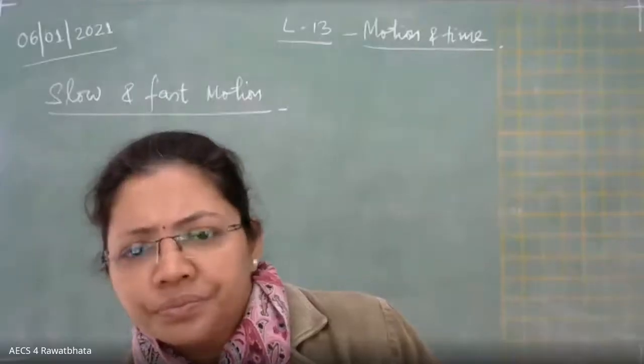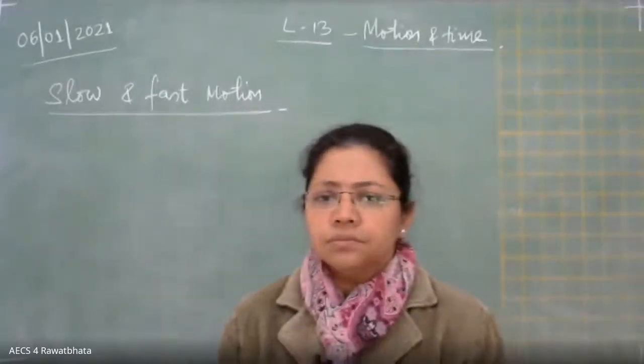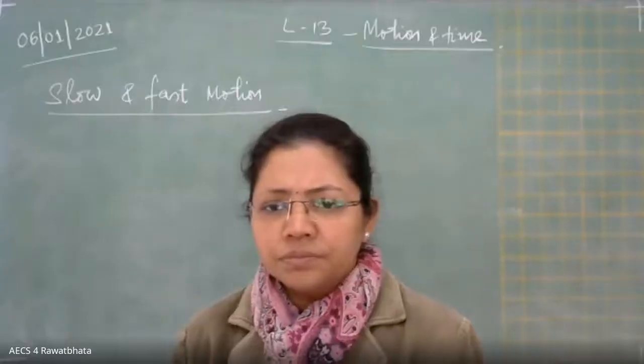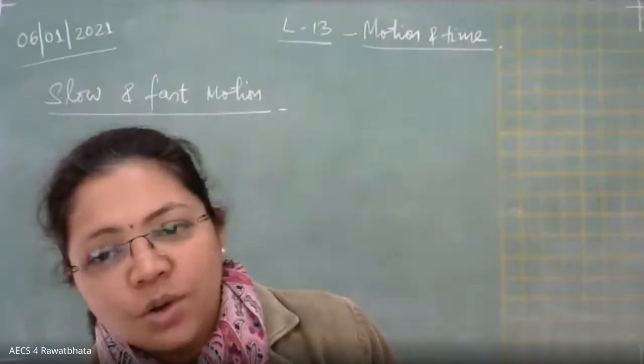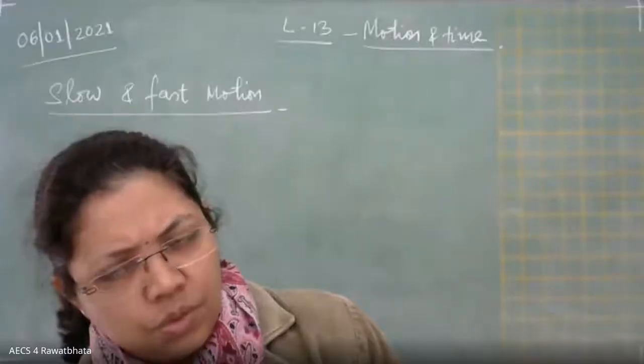Okay, tell. Yes. Distance divided by time, that you are telling me for speed. A longer time to cover a certain distance is known as slow. But an object which takes a shorter time to cover a certain distance is known as fast.